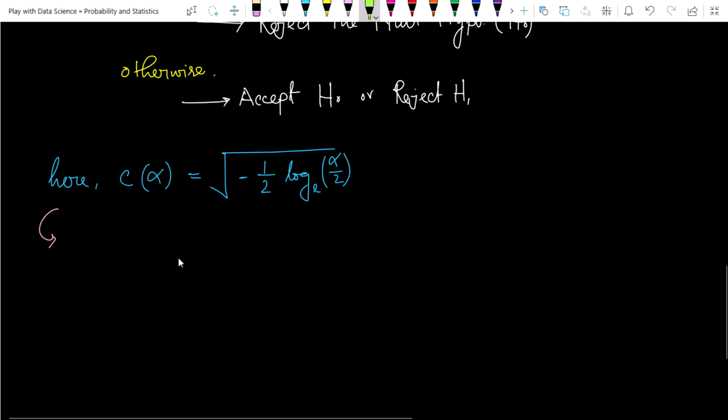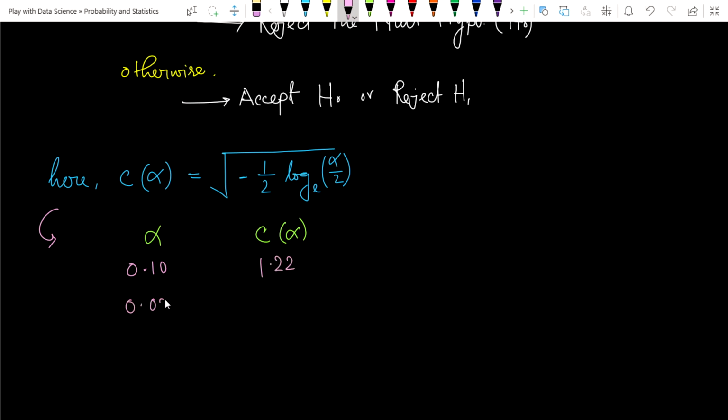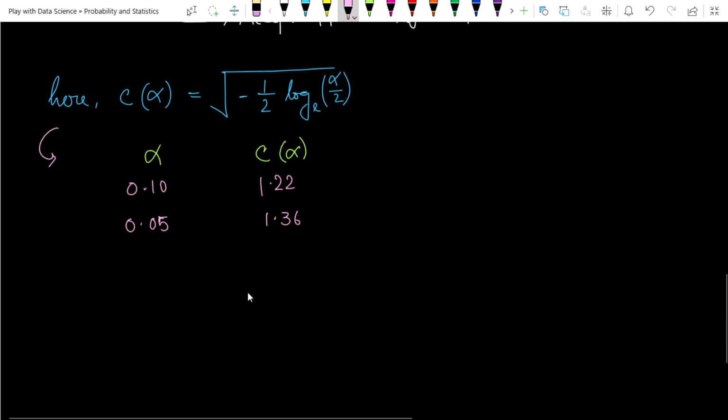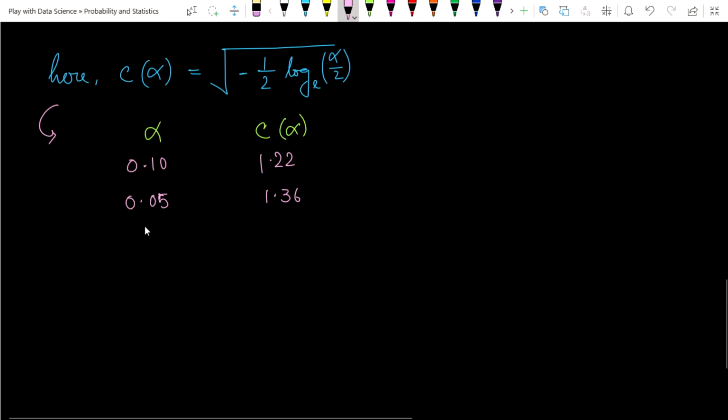Suppose we have alpha here and the corresponding C(alpha). If we put the alpha value as 0.10, then from these equations, using your calculator, you will get the value 1.22. If you put 0.05, then we will get the value 1.36. Just do these things on your own and you will easily get this.